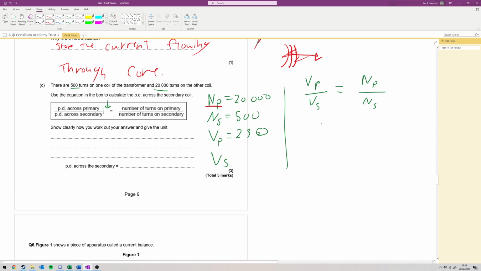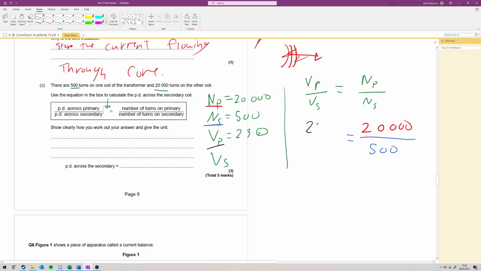So now we're putting the numbers in. This one can be red, so that's 20,000. Okay, this one can be blue. I'm going to make it thin. Number of turns on the secondary is 500 equals, and I'll do black for the voltage across the primary.